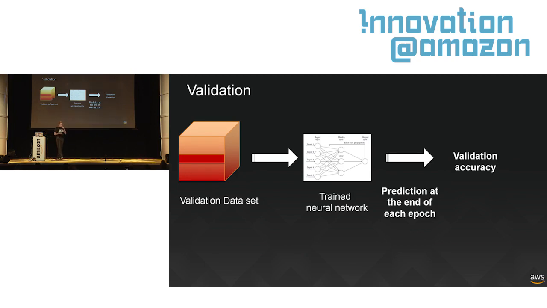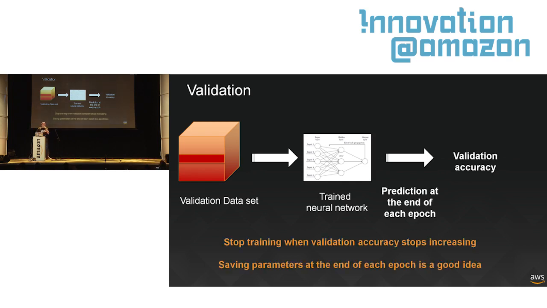Now, validation, like we said, is important because it's going to tell us when to stop training. Okay? So we're going to take that smaller data set, and after each epoch, we're going to run those samples through the partially trained network, measure loss, and measure accuracy specifically, and see if the network is learning properly, right? So that validation accuracy should go up.